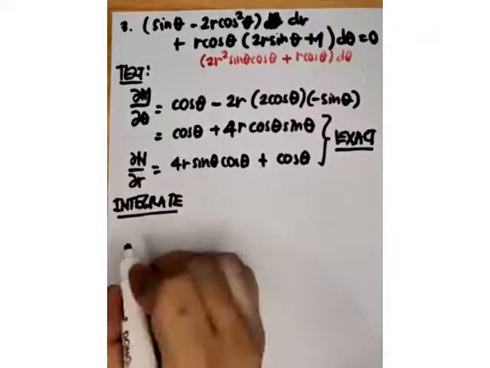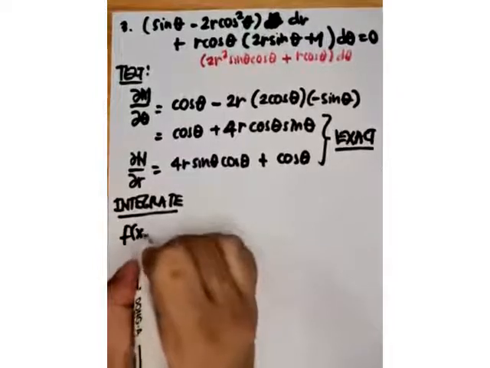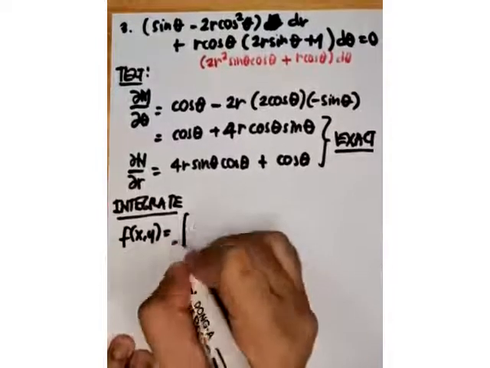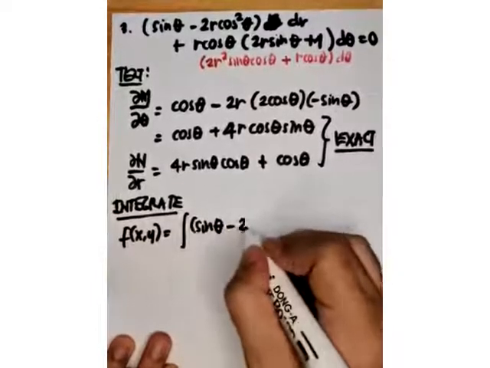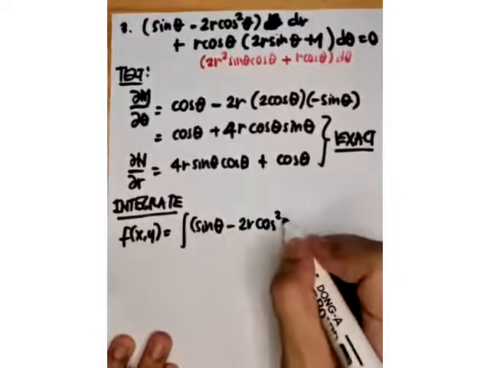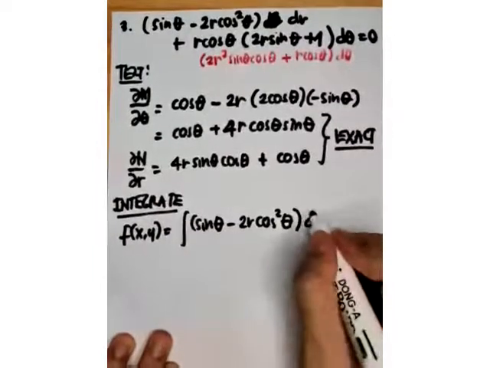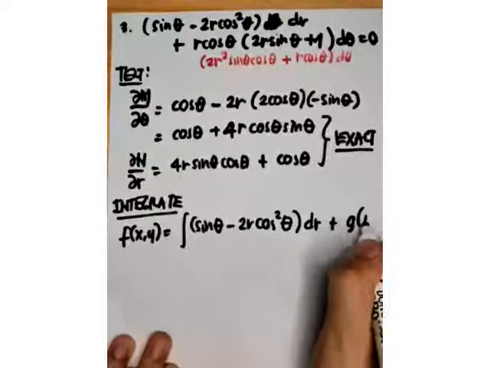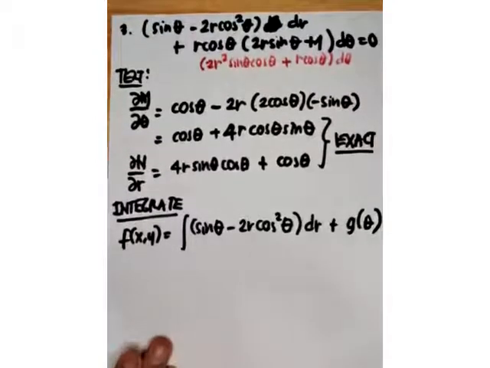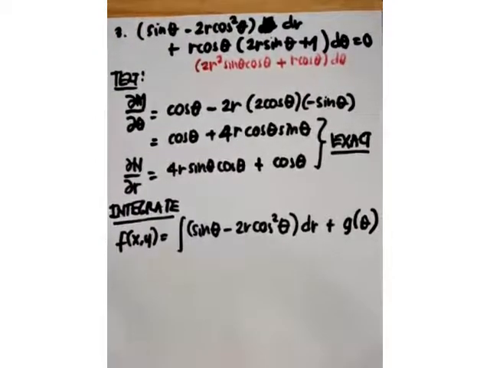So, follow that. So, let's have the function. Let's find the function. And that's the integral of sine theta minus 2r cosine squared theta dr plus g of theta. Ayan. G of theta.